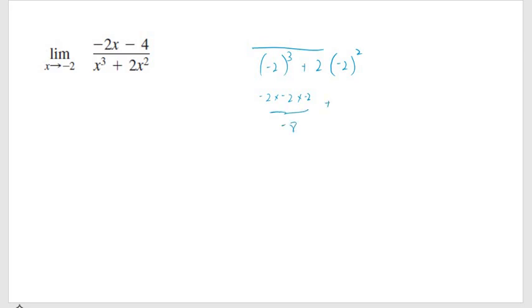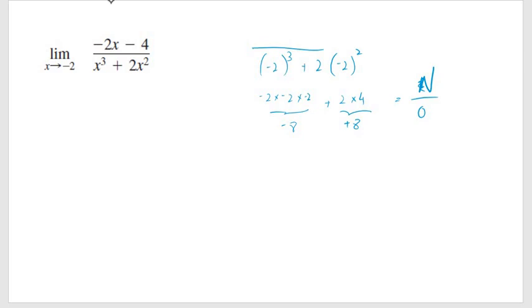Plus 2 times 4 is 8. So minus 8 plus 8 makes it 0. The denominator is 0, while the numerator has a number. So this is not defined at x equals minus 2.